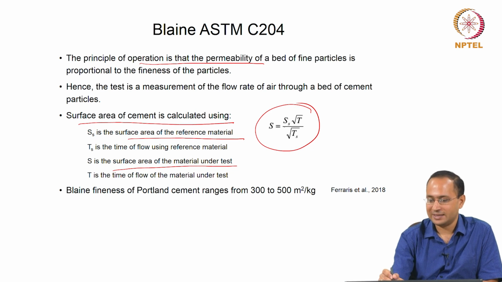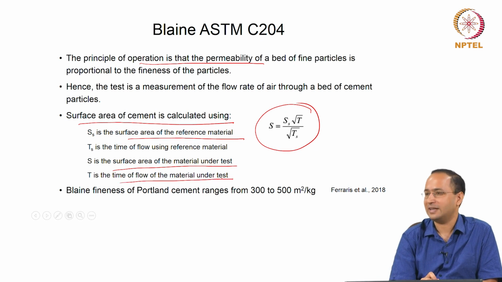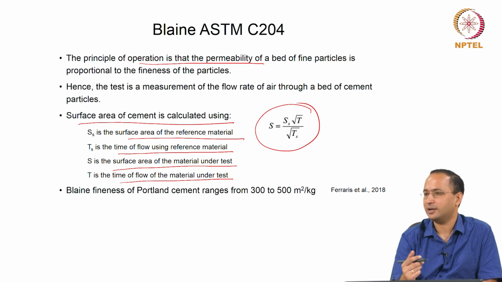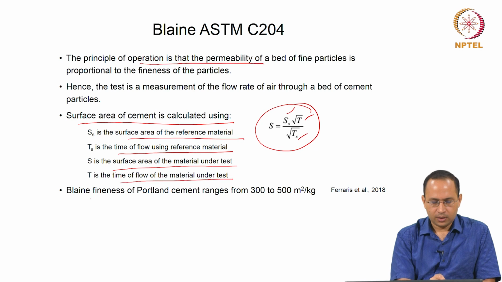SS is the surface area of the reference material, and square root of T is the time of flow of the material under test. So, you are using your material and measure how much time it takes. TS is the time of flow using the reference material, so you have to calibrate your apparatus using the reference material. Once you know SS and TS, and you measure T, you can calculate surface area.